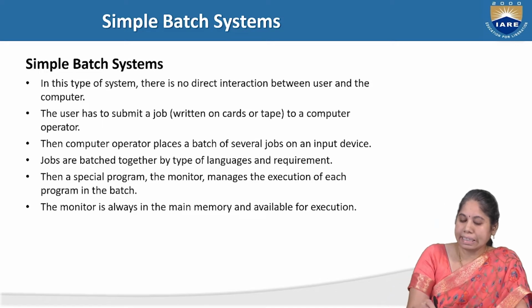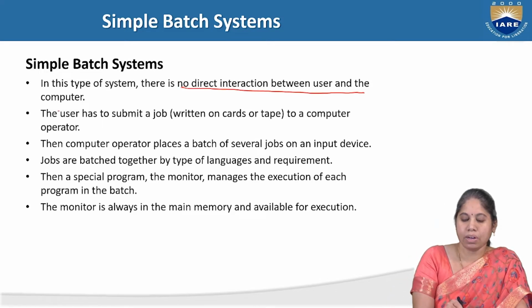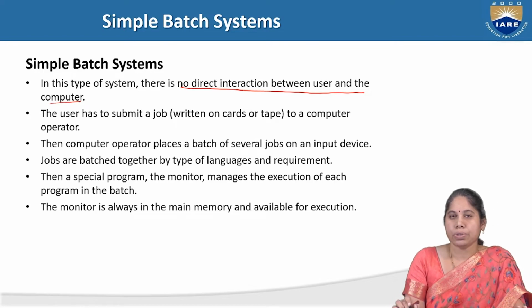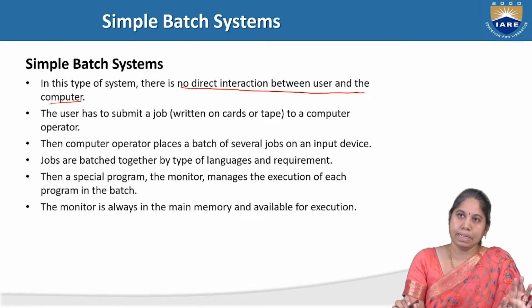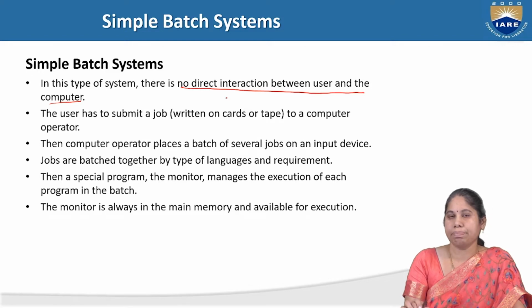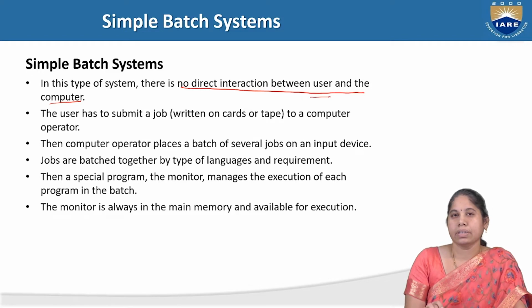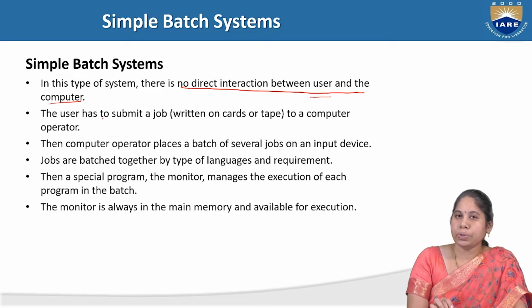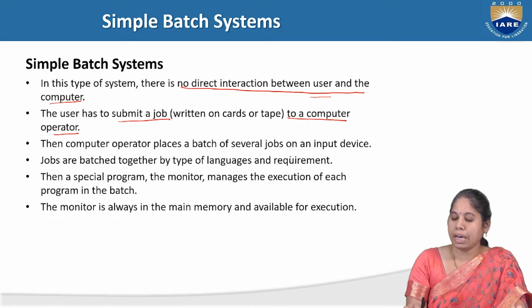There is no direct interaction between the user and the computer here. The user will come to the computer place and submit his job for processing. That's why there is no direct interaction between user and the computer in batch systems. The user simply submits a job to a computer operator, and then the computer operator looks at the similar kind of jobs, keeps them in one batch and submits it to the input device.